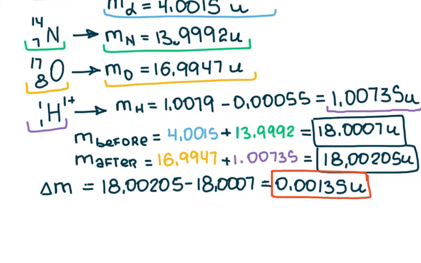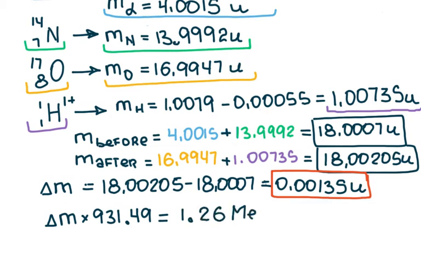If I want to convert this number into the energy, I multiply the mass by 931.49, and that will give me the energy needed for this reaction to occur, and that gives me 1.26 mega electron volts.